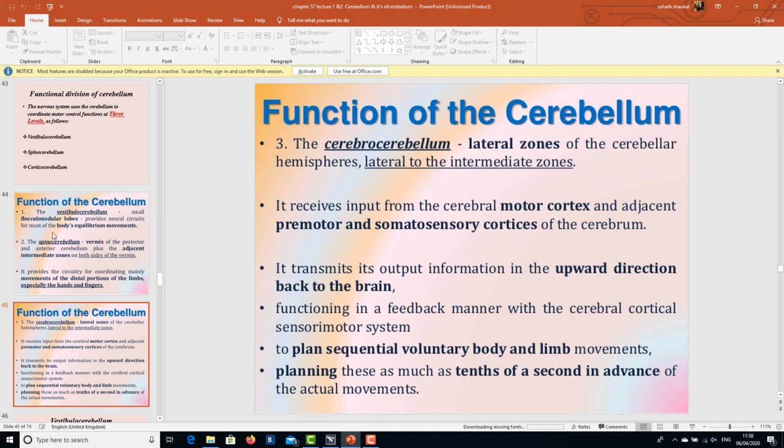It transmits its output information in the upward direction back to the brain, functioning in a feedback manner with the cerebral cortices' sensory motor system to plan sequential voluntary movement of the body and limbs. They plan these as much as a tenth of a second in advance of the actual movements.